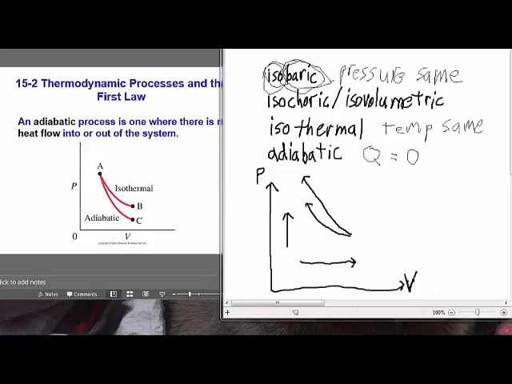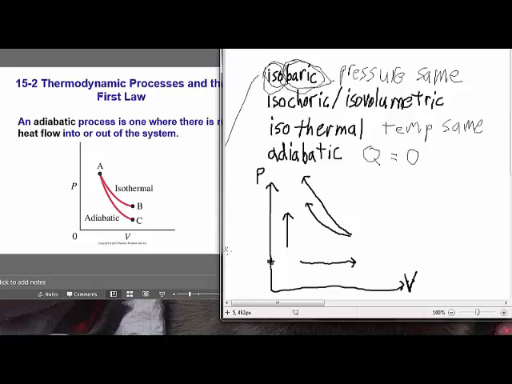Okay, now let's match these 4 processes. So which of these 4 lines looks like it's isobaric? We would have to have the same pressure at all points. And it looks like this is one here, this horizontal left to right line, where the pressure is stuck at this value here, whatever it might be.